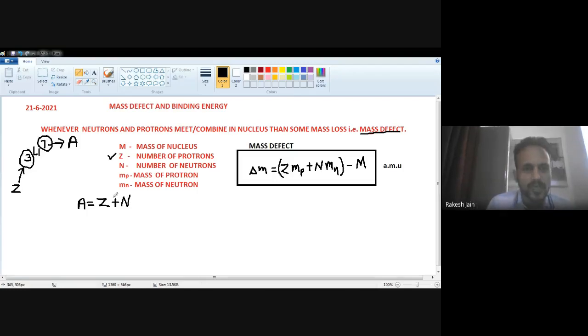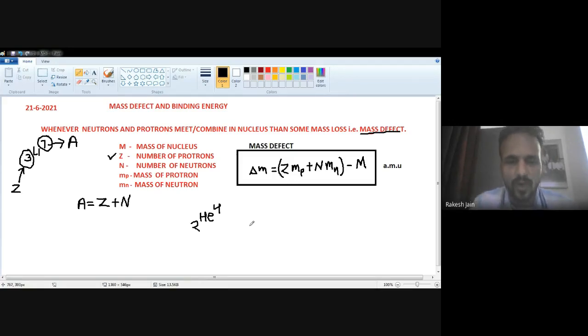For example, let's take helium. In the periodic table it comes at number 2. So helium can be represented by 2He4. In numericals, it will be given for which nucleus you have to find the mass defect.